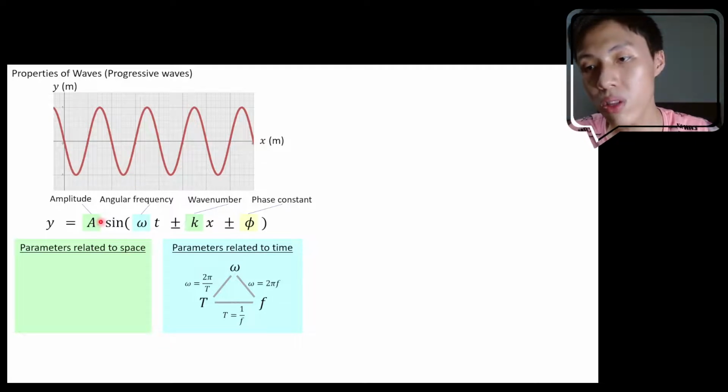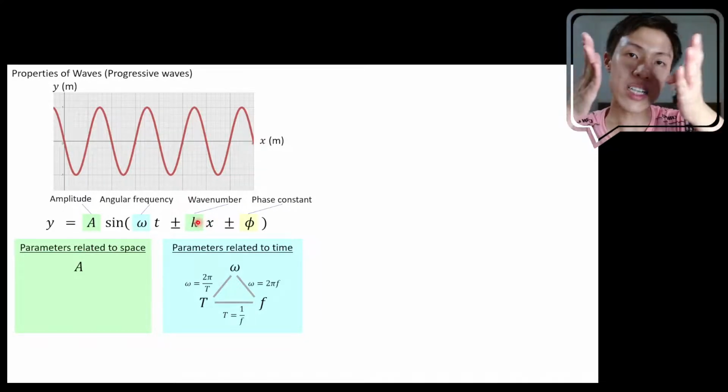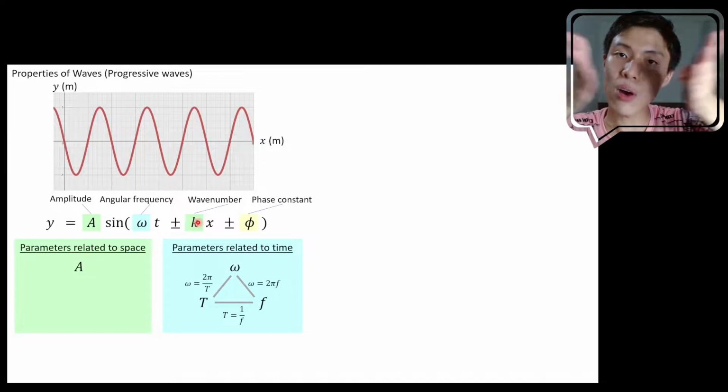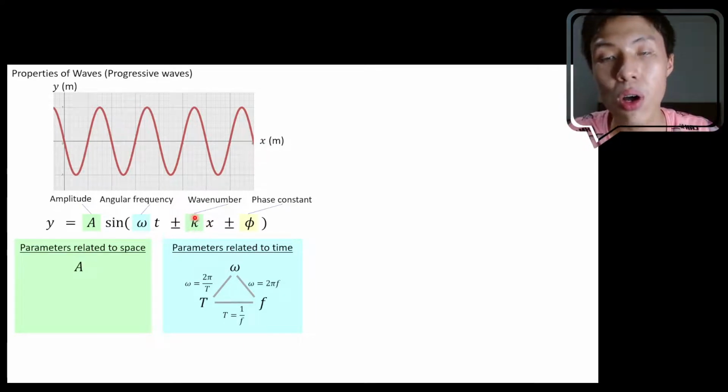The one we encountered earlier is the amplitude, which is related to how much you have been displaced in a positive or negative direction, the vibration of the particles. But k is also related to space, and it determines how wide your wave is, or how narrow, how packed your wave is. That is determined by your wave number.